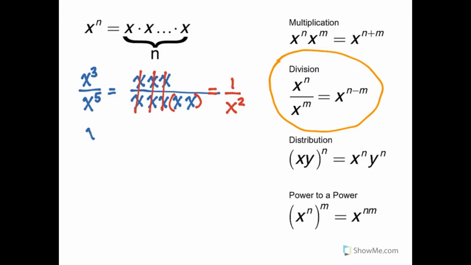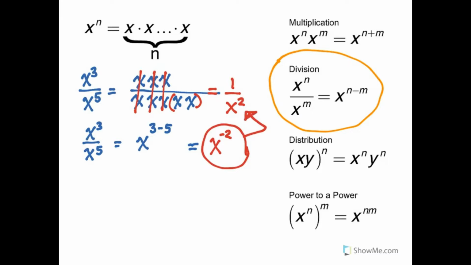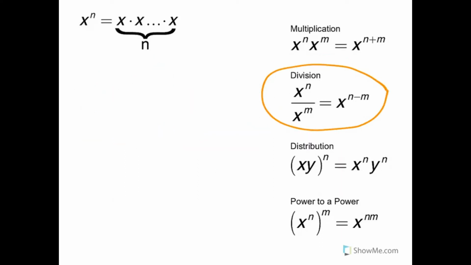But if I simplify the same expression using the division rule, I have x to the power 3 minus 5, which is x to the negative 2 power. So what if I define this negative 2 power to be the result that I get when I write it out? We can define x to the negative n power as 1 over x to the n power.